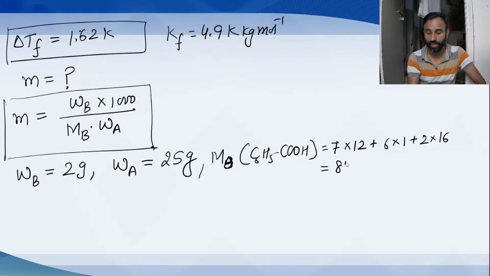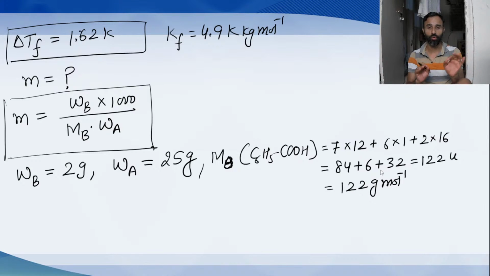So it is 84 plus 6 plus 32, which is 122, or we can write it as 122 gram per mole. Okay, so now we go back.